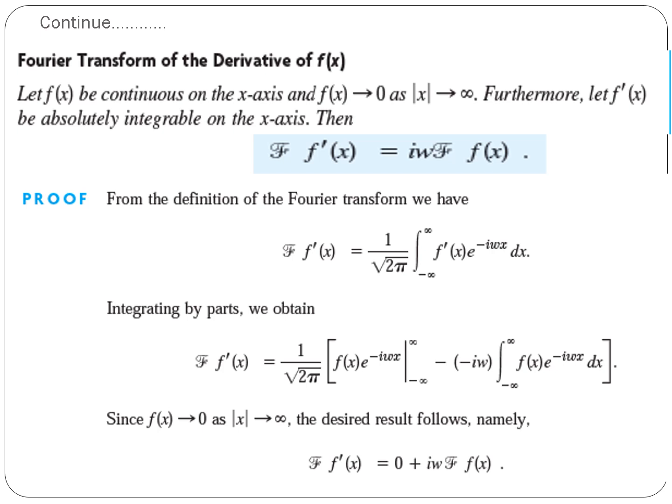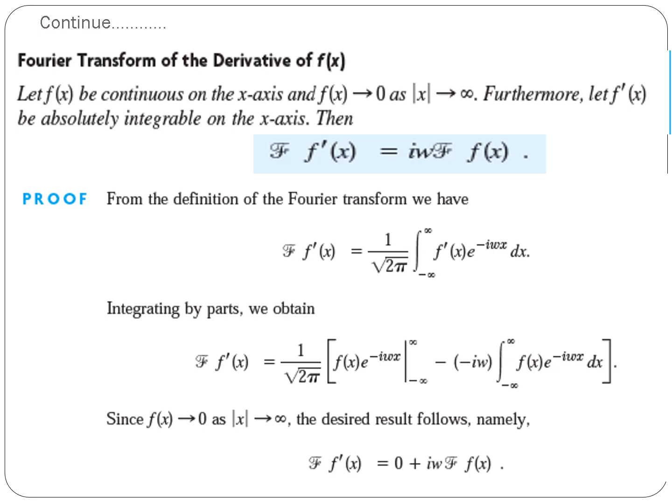Then apply the limits in the first term. In the property it was specified that as mod x tends to infinity, f of x value tends to 0. That is, as plus and minus x tends to infinity, f of x value is 0. So apply these values in the first term.